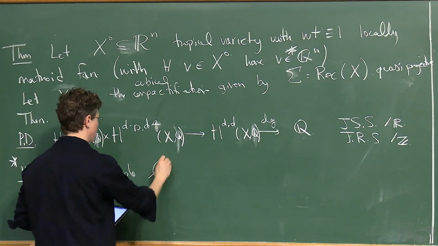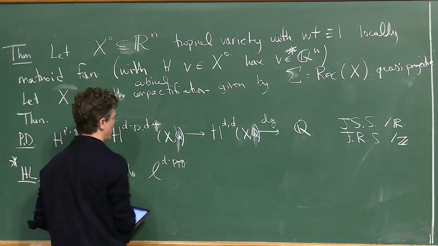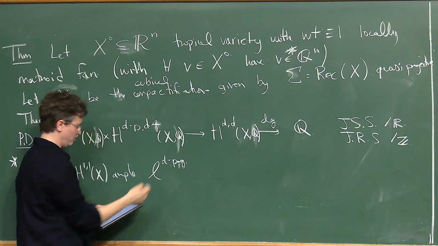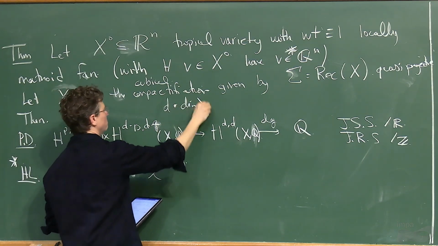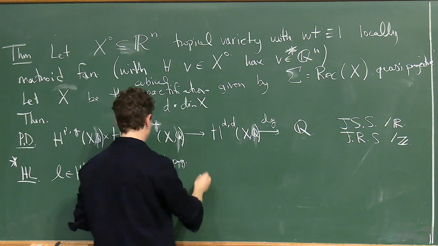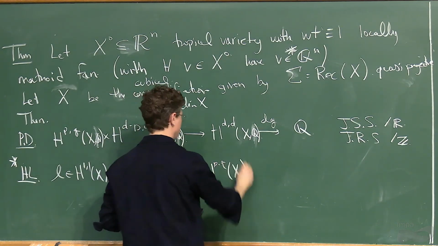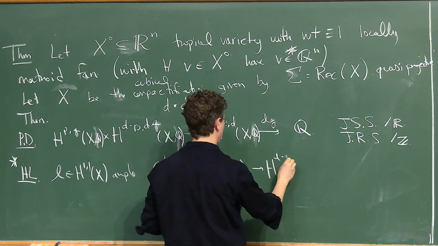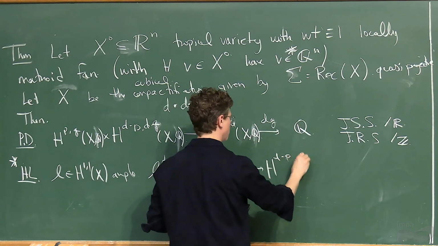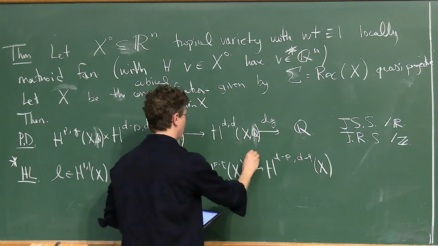But now we hit it with L to the D minus P minus Q times. The D is the dimension of X. So that this is an isomorphism.